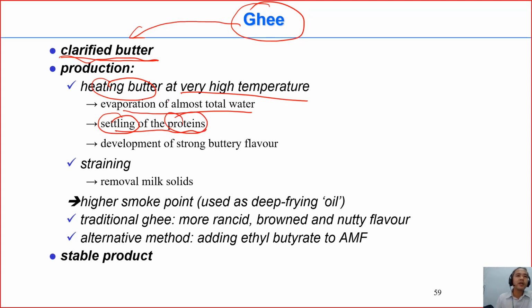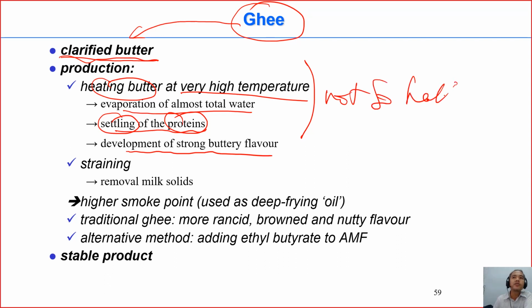Because of the intense cooking like that, the flavor is strong, a strong buttery flavor. And this product is not so healthy, because we heat too much and for a long time, the oxidation already occurs. But it's nice because people have a long history of using it, they are used to it, and the taste and flavor is familiar.